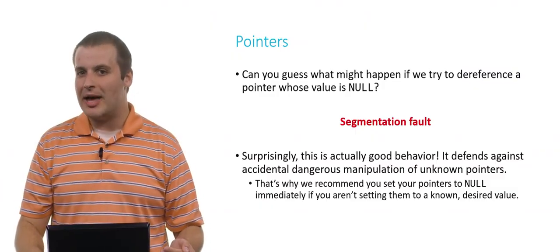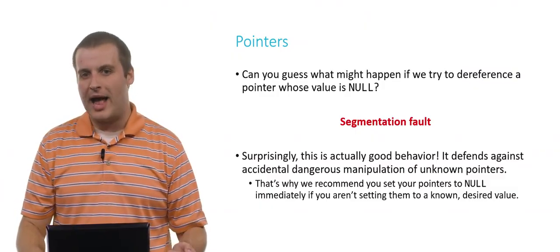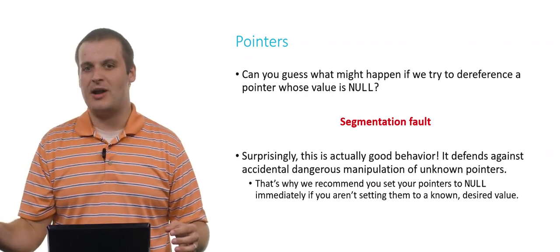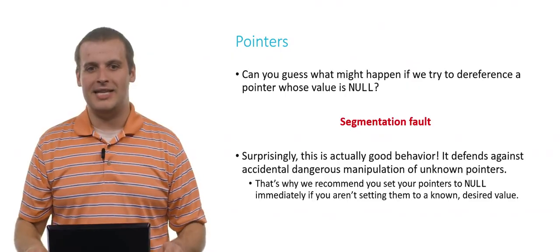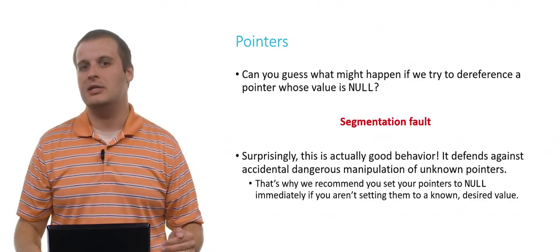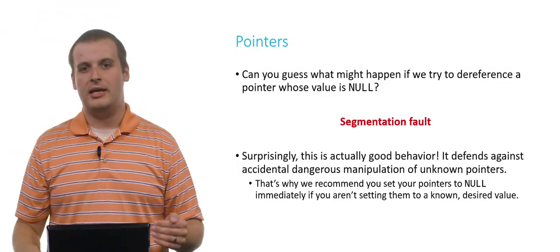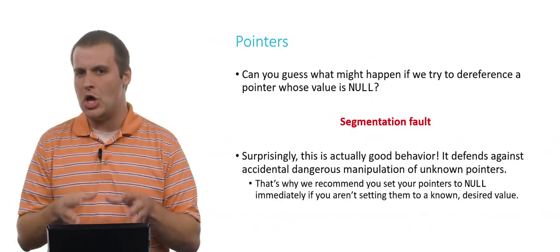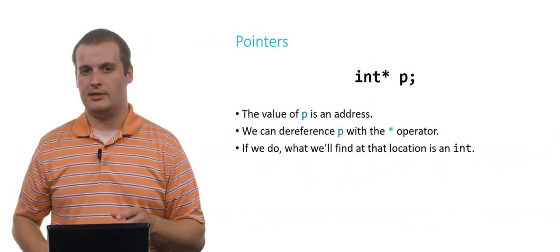It's probably better at the end of the day for your program to crash than for it to do something that screws up another program or another function. That behavior is probably even less ideal than just crashing. And so that's why it's actually a good habit to get into, to set your pointers to null if you don't set them to a meaningful value immediately, a value that you know and that you can safely dereference.